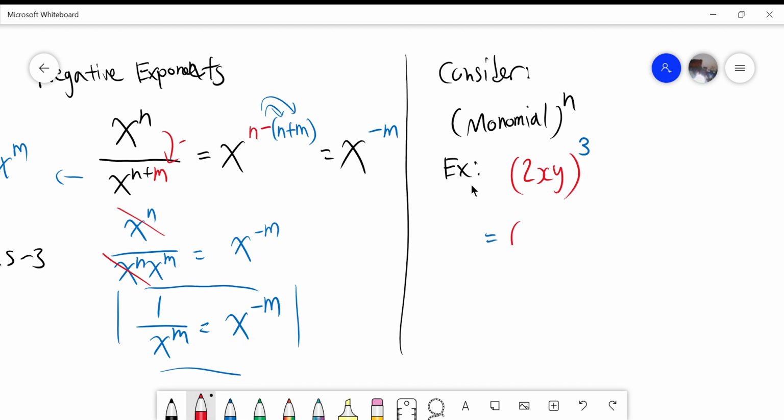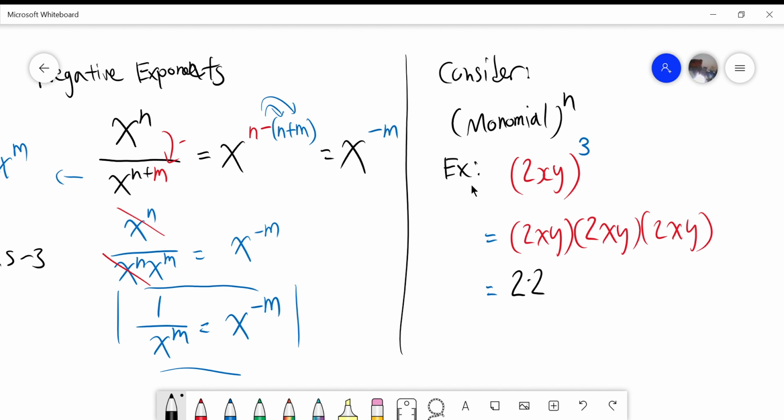Well, we know that this expands to 2xy times itself 3 times. And we can rearrange this, and you'll notice that this is 2 times 2 times 2, x times x times x, y times y times y.